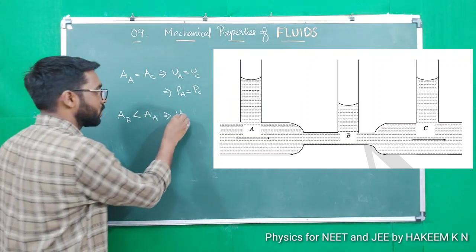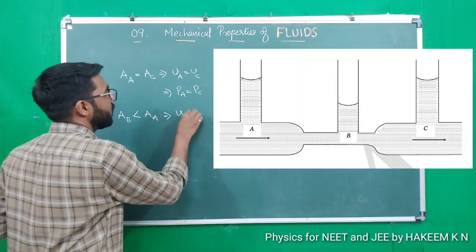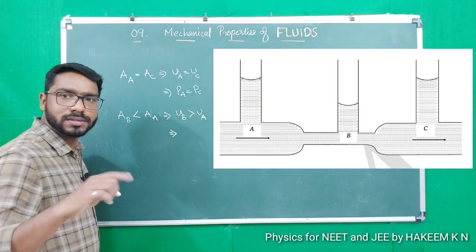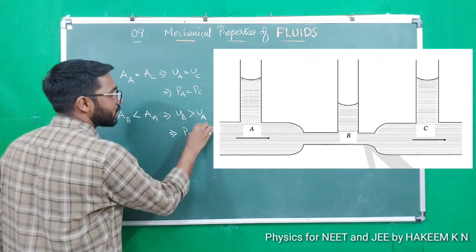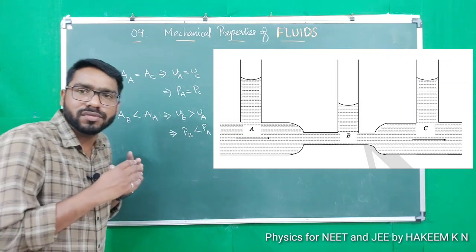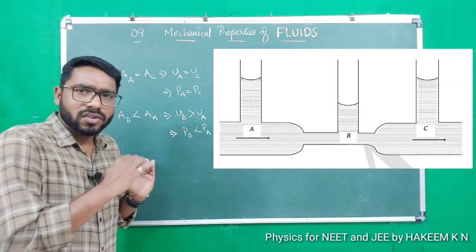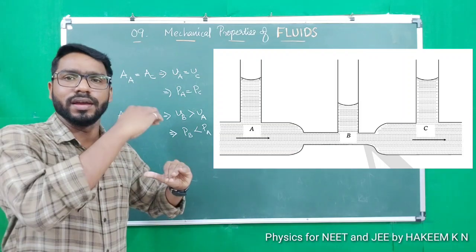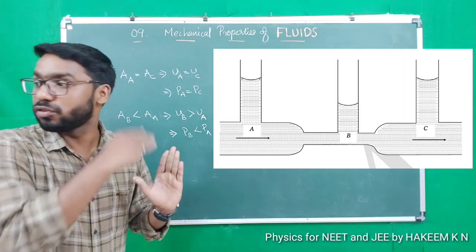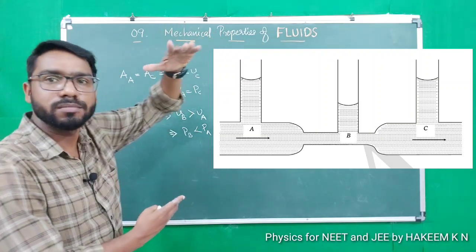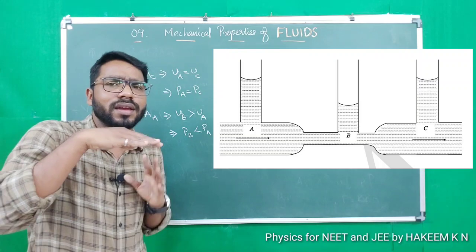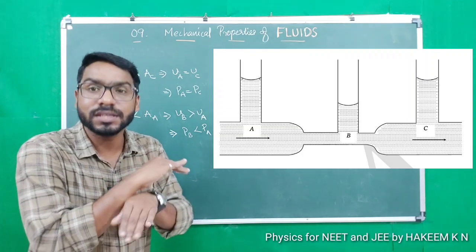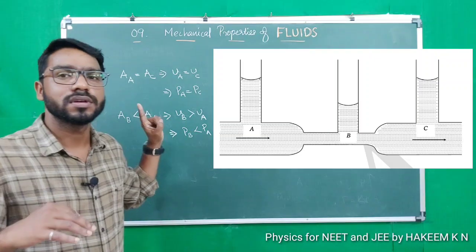As area decreases, velocity increases, so velocity of liquid at B is greater than at A or C. As velocity increases, pressure decreases, so pressure at B is less than pressure at A. Effectively, pressure at B is less than the pressures at A and C. So the liquid height due to pressure in the tubes at A and C will be larger and the same, and the liquid level in the small tube at B will be small because pressure at B is small. That is what is discussed from the diagram.